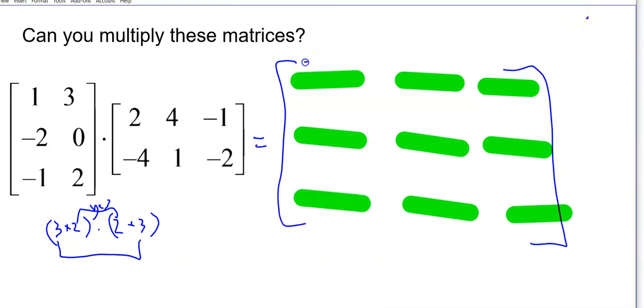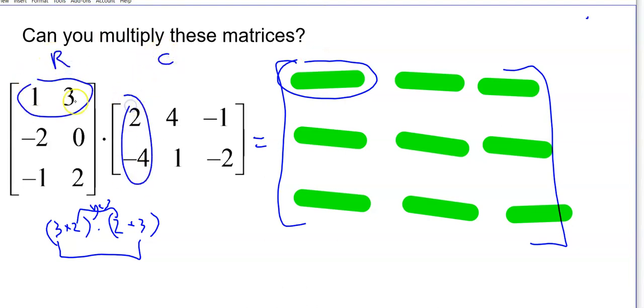Okay, so this top left is going to be top row, always row by column, RC. So first times first: 1 times 2 is 2, plus 3 times -4 is -12. So that first term, if I simplify it, would be -10. Yeah, -10. Okay.